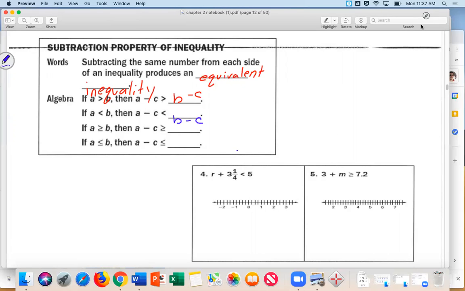This is the worst. No. So if I subtract B from both sides, I get that. And I get that.